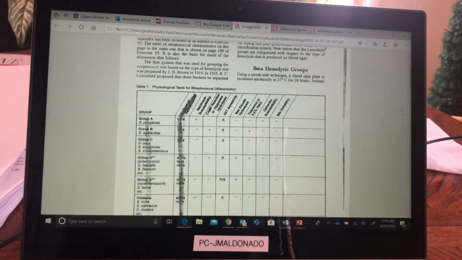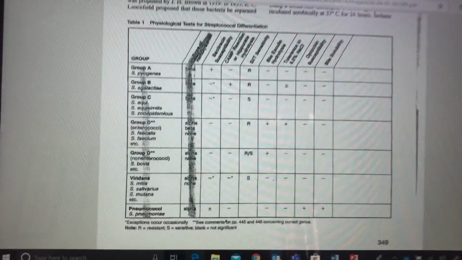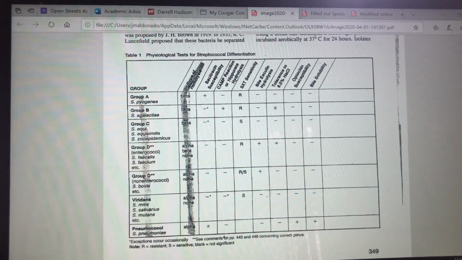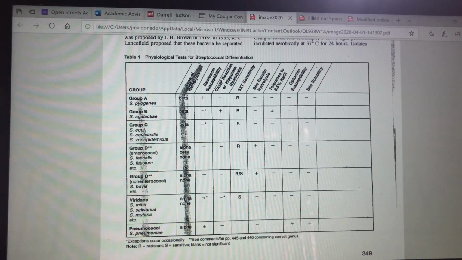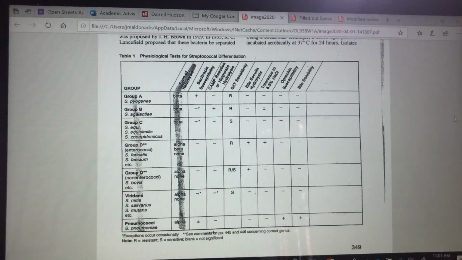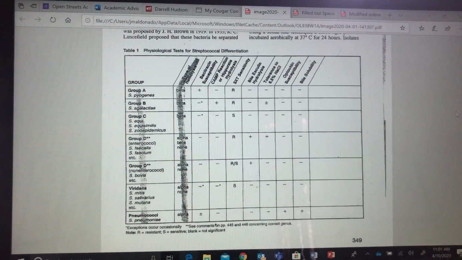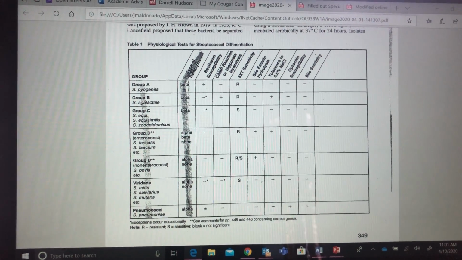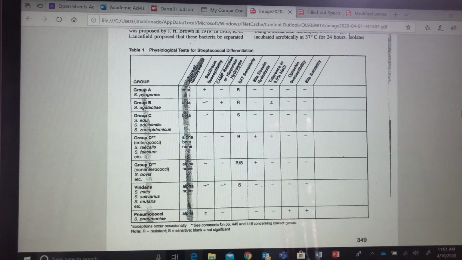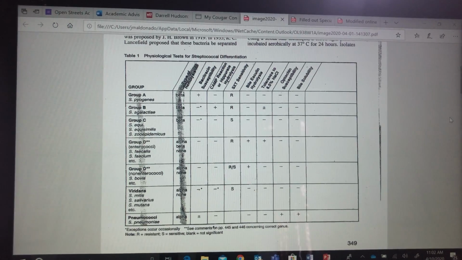But what we would have done is we would have gone over this handout, and most of you would have been in either Group A, Group B, Group C, Group D, or the other Group D strep, because that's what we would have seen growing in your throat. And then some of you probably would have had beta hemolytic bacteria growing in your throat, which means it could have belonged to Group A, Group B, Group C, Group D, and that's it.